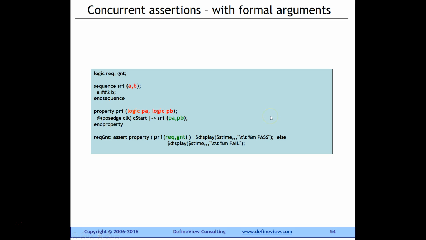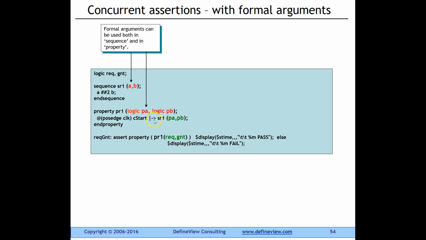Now let's move on to formal arguments. You might be familiar with some of this from your regular Verilog or SystemVerilog knowledge. So here are the formal arguments. Sequence is the same, property and sequence again. And you have A and B as the formal arguments of the sequence, and you have formal arguments logic, PA and PB, for the property.